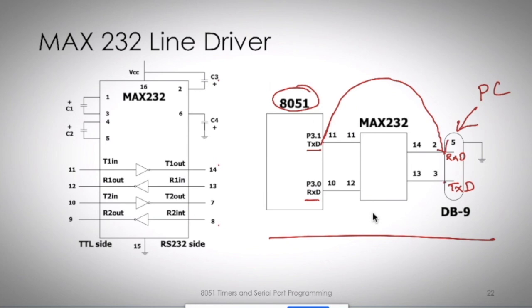Similarly, this will transmit and this will receive. That is what is called a null modem connection. But because the 1 and 0 voltage levels on the PC side and the 8051 are different, we cannot directly connect as we have shown with this red line.